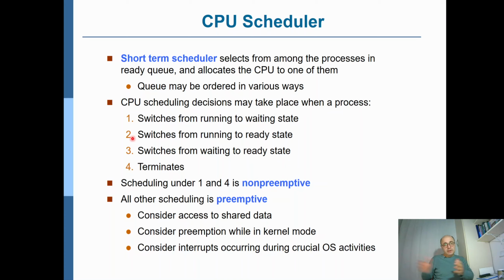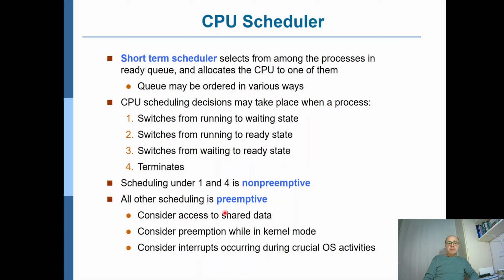Therefore, at least temporarily, the process was removed from the CPU. In other words, it was preempted from the CPU on behalf of another process. So those two, cases 2 and 3, are preemptive, and cases 1 and 4 are non-preemptive cases.